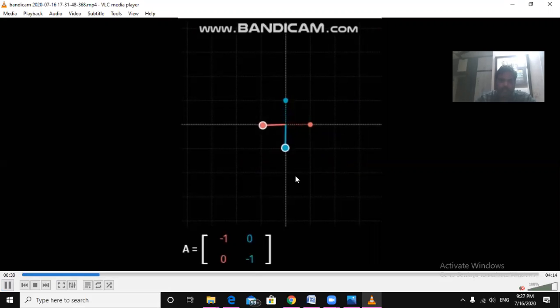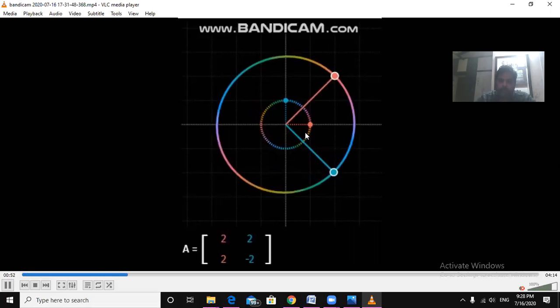As we have seen in the last video, if you represent all the vectors as points, then each one on this circle is a vector. Through this transformation, what happens to these vectors? If I keep on changing this transformation, the vectors are changing their positions.